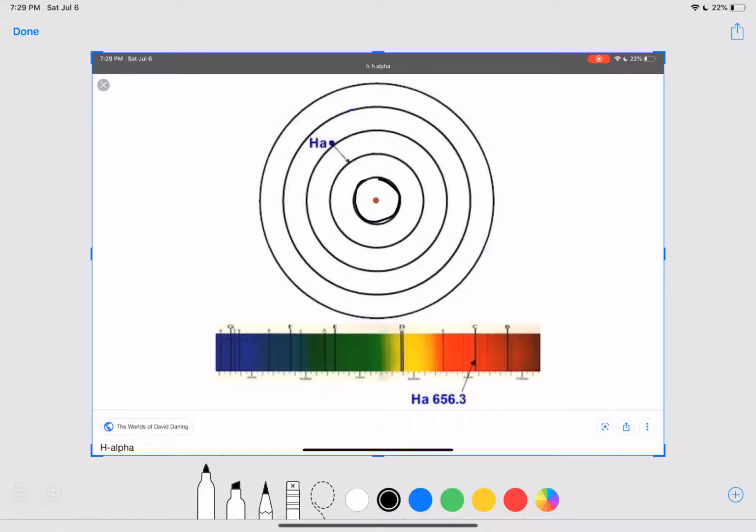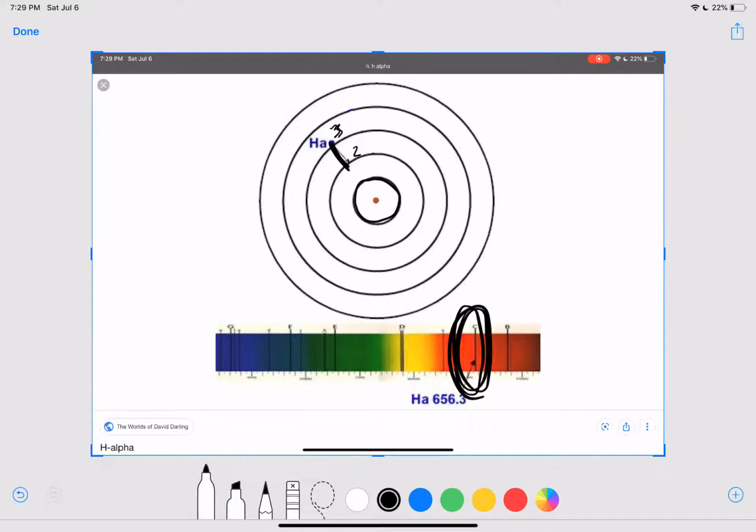So 1, 2, and 3. When it transitions from the 3 level down to the 2 level, every time an electron makes that transition, it emits the 656.3 nanometer photon. Okay, so that's the H alpha line.